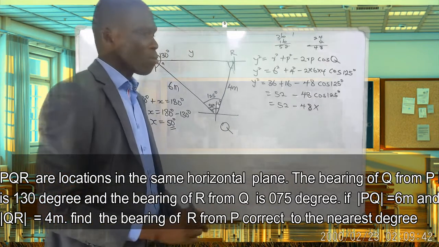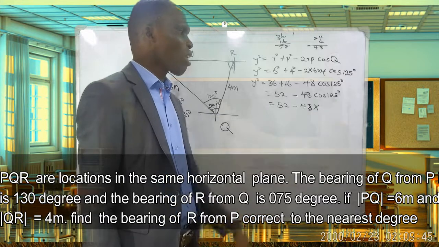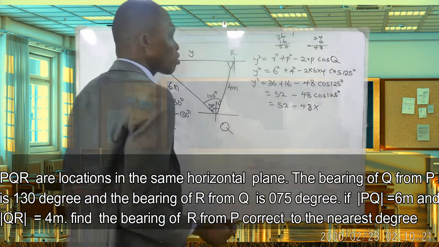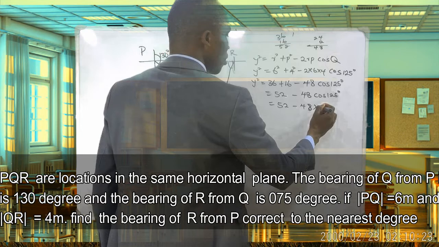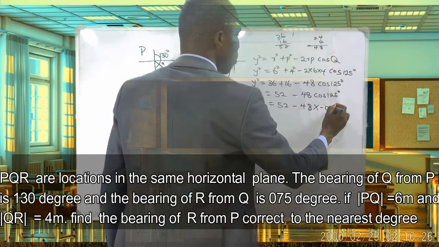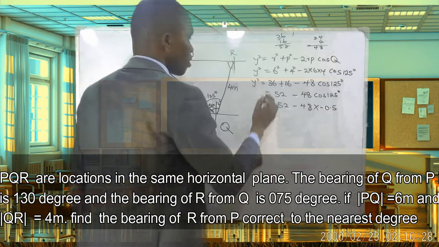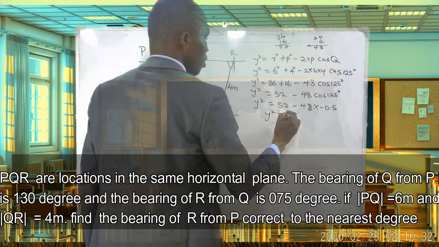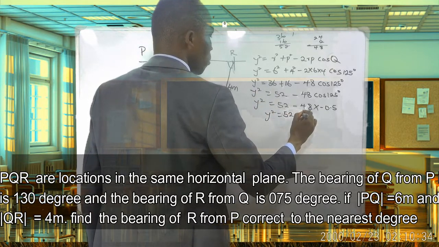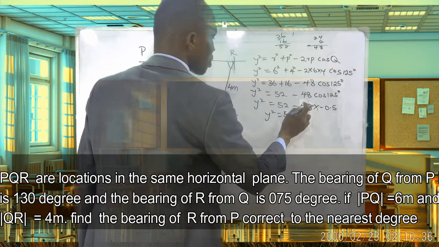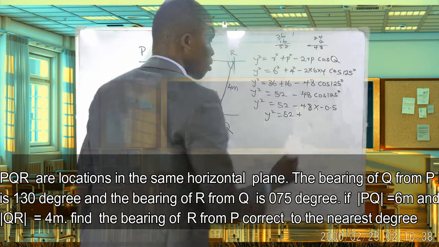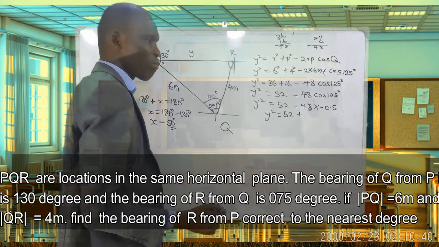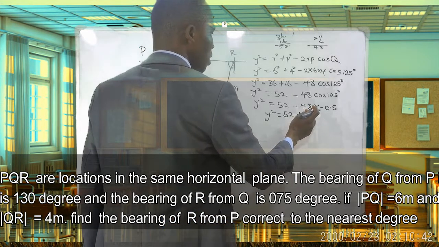Now when you press your calculator, cos 125 will give us minus 0.5. So y squared will give us 52, and minus times minus will give us plus. Don't get confused.